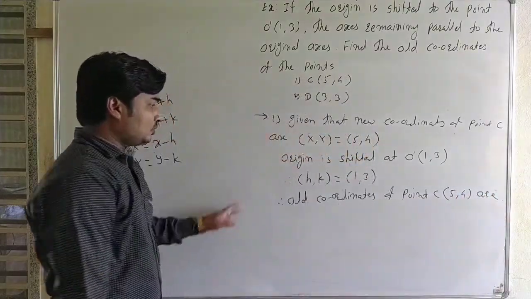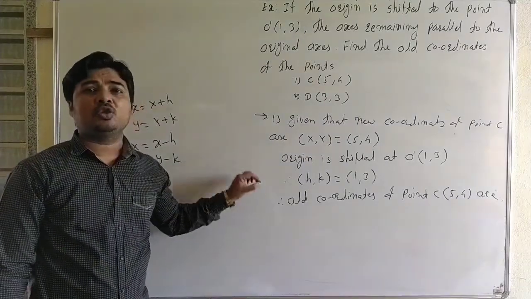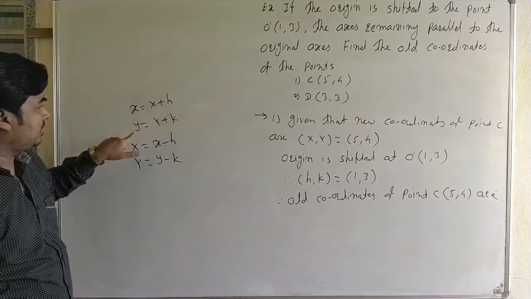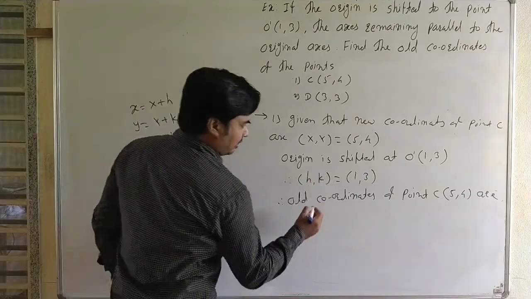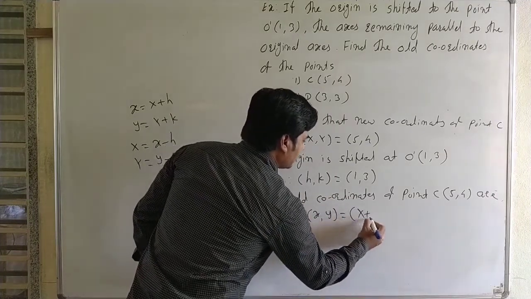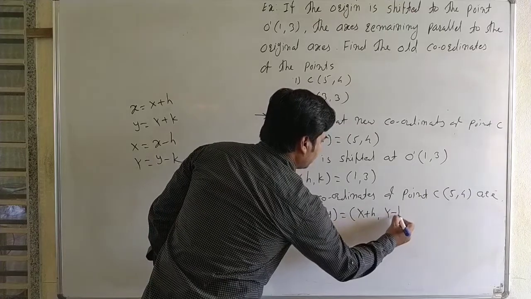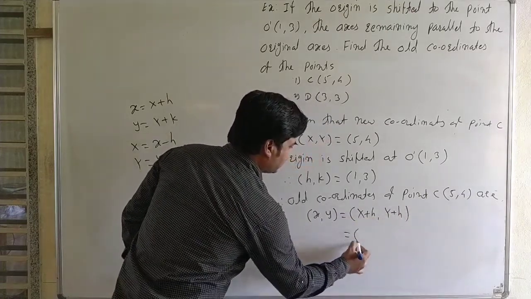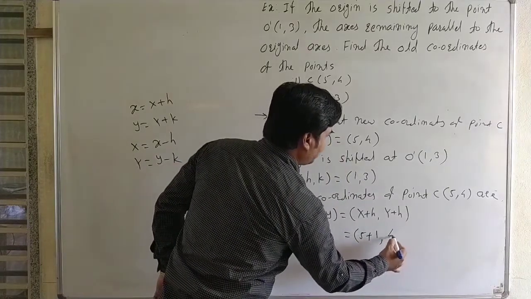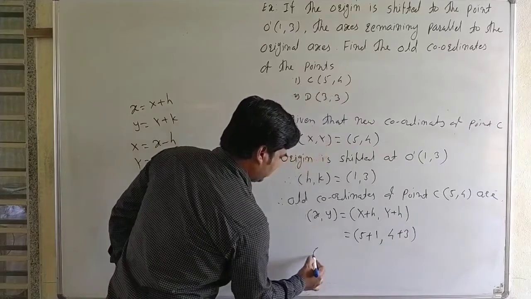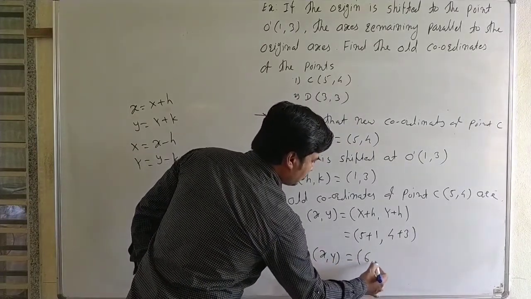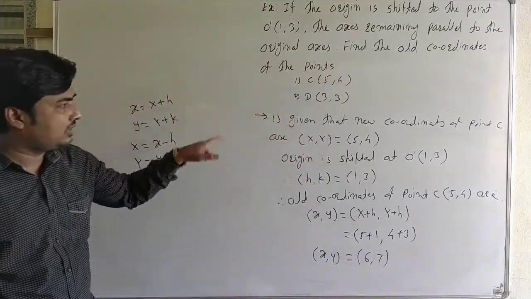Here we want to find the old coordinates, small x comma small y. x is equal to capital X plus h, and y is equal to capital Y plus k. So the old coordinates are x plus h and y plus k, that is 5 plus 1 and 4 plus 3. Therefore the old coordinates are (6, 7). Okay, see carefully.